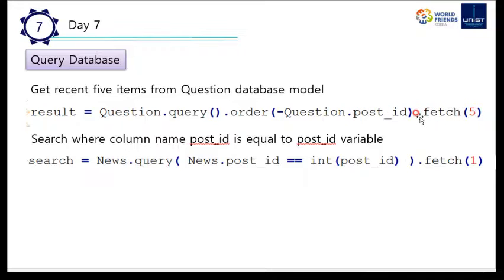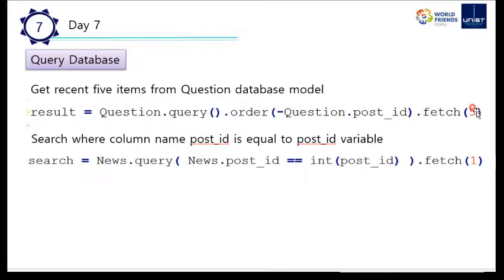And the last is dot fetch. Since I query all the data, if there are 1,000 entities inside the database, this means to fetch 1,000 data in the backward order. But when you put dot fetch 5, it means to get only 5 entities from the bottom in post ID.